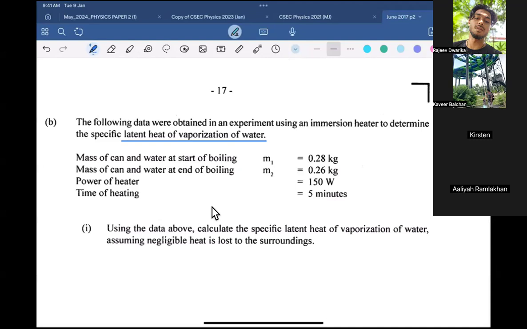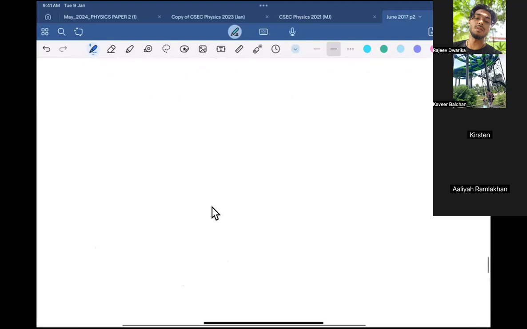Let me explain what I mean. Aliyah, what's the temperature of your skin?